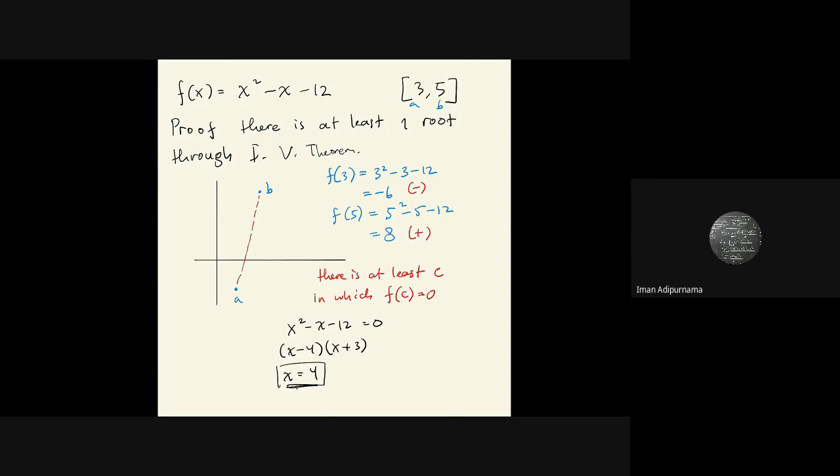Okay, just an easy example, and you can try to find other cases and problems in the exercises. But this is to show that there are several types of problems using the intermediate value theorem. The questions are similar to this: you have the interval, you have the function, but maybe the function will be more complicated.